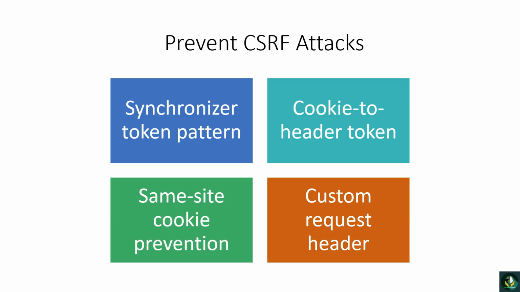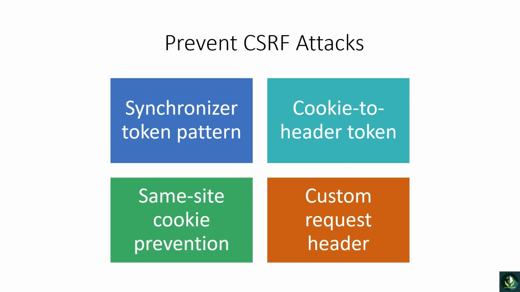So, when a user visits a website, such as a bank website that allows for the transfer of funds, the bank's website embeds a random token into the form. When the user submits this form, the random token is returned to the bank, which checks to see if the two tokens match.